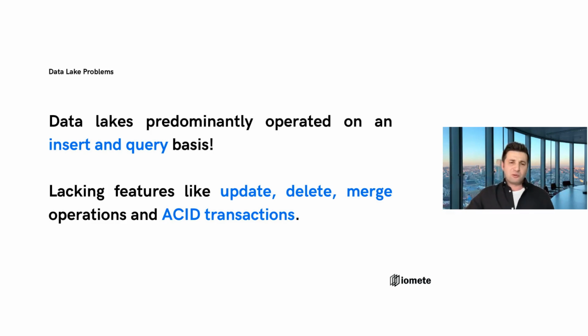Another problem is there's no proper versioning. So when you are halfway through, some people see the changed records, some people see non-changed files, so they get an inconsistent state. Those are big problems.